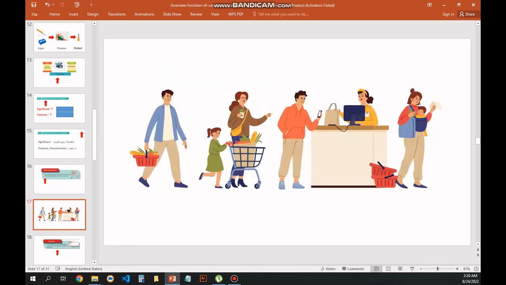For an example, think about a queue inside a supermarket. Usually you can see there's a computer at the cashier's counter. Imagine this computer is not a speedy computer. Then the queue is going to be a long queue because so many people will join it.